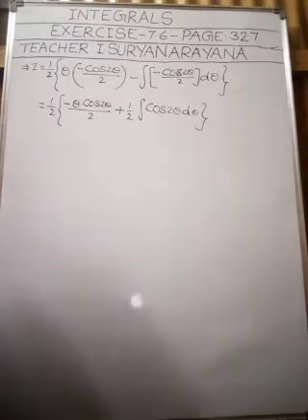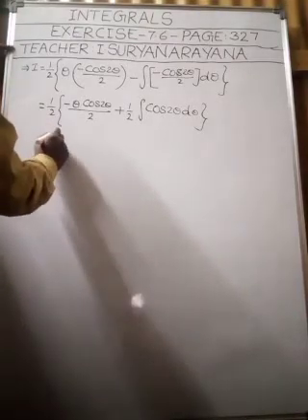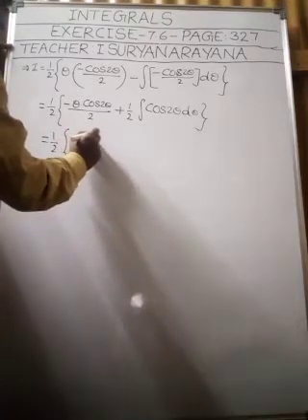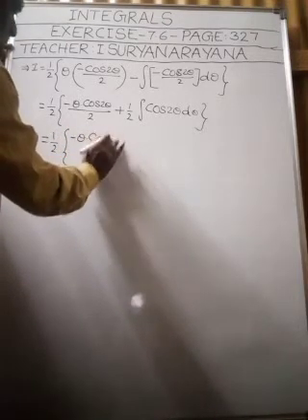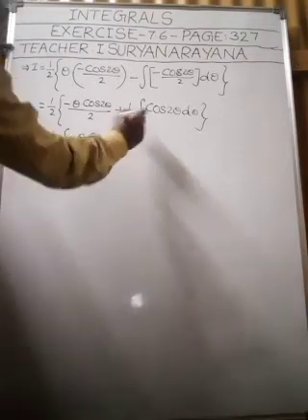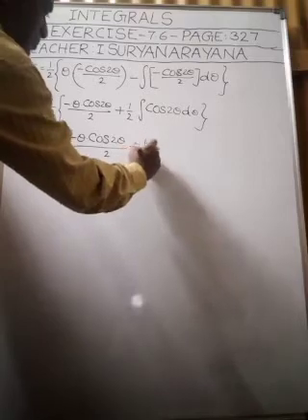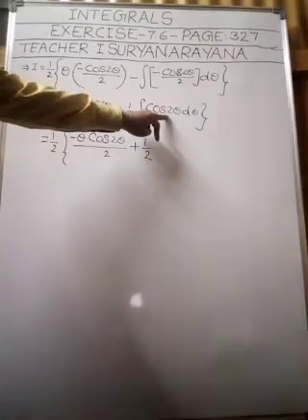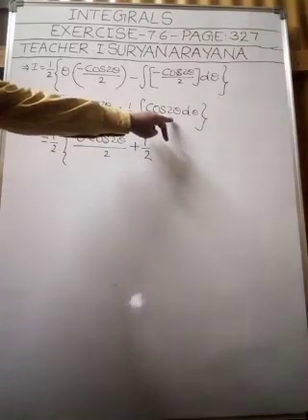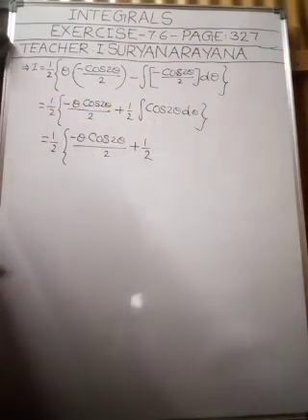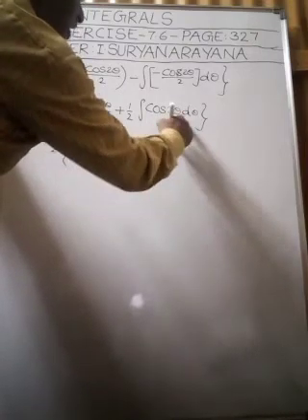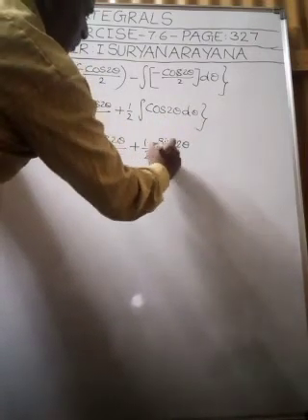That is equal to 1 by 2 integral minus theta cos 2 theta by 2 plus 1 by 2 integral cos 2 theta d theta. Again it is in the form of integral cos of ax plus b. Okay, my dear children. So sin of ax plus b means sin 2 theta by 2.